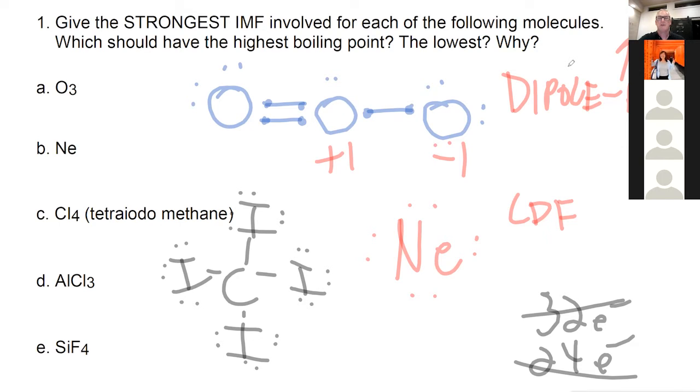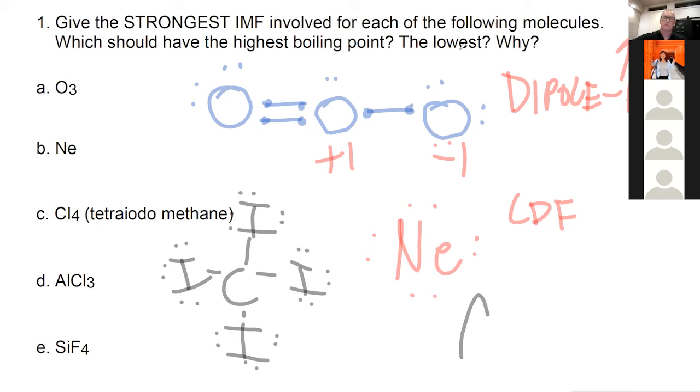So what shape is this going to be? Use your AXE rules. Carbon's a central atom. How many bonding regions are around it? Tetrahedral.